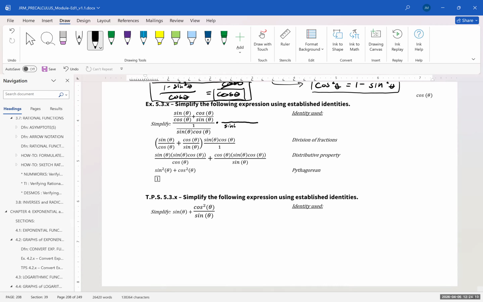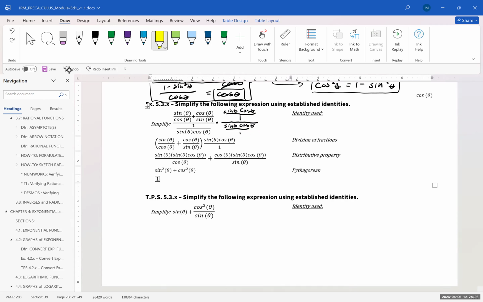So this is going to be sine theta cosine theta over 1. And we're going to do the same thing up here in the numerator. Sine theta cosine theta over 1. So you can see that this new expression that I'm multiplying by, that's just the number 1, because numerator and denominator will cancel.